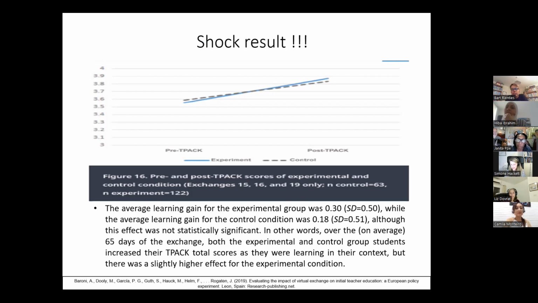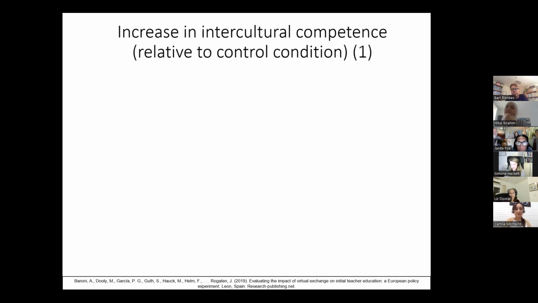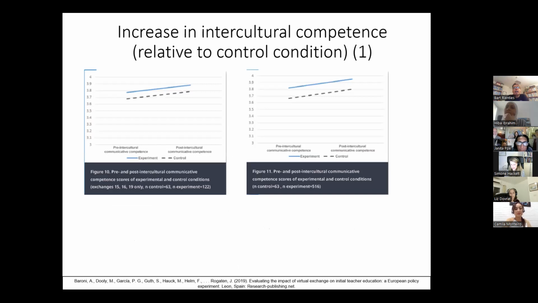So the next thing we, of course, looked at is, for example, their intercultural competence. And again, the effects were not as positive as we were initially anticipating. So yes, the experimental group did better than the control group, but they also started at a slightly higher level.